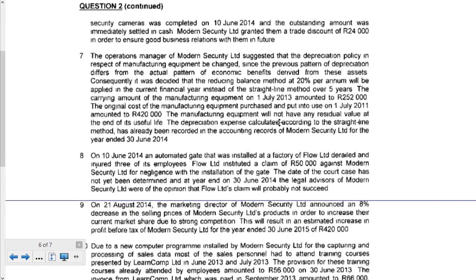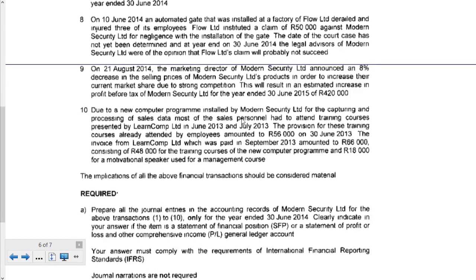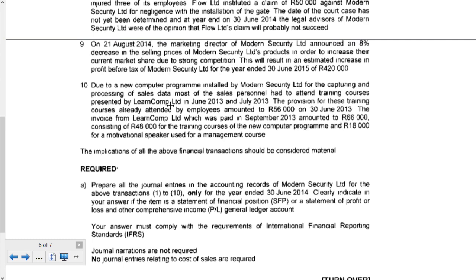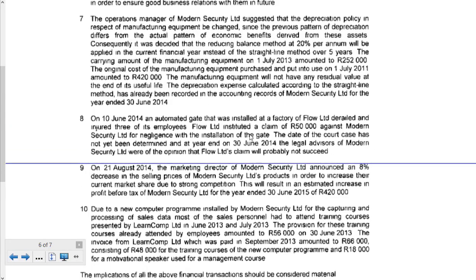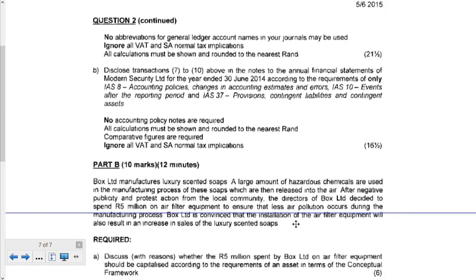They're changing the depreciation policy. 8 is a claim for negligence. 9 is an event after reporting date, it looks like, because it was done in August. And 10 is a provision for training, it looks like. Due to a new computer program, sales personnel had to attend training courses. Okay, so that's 21.5 marks for the journals, 16.5 for the notes, part A.